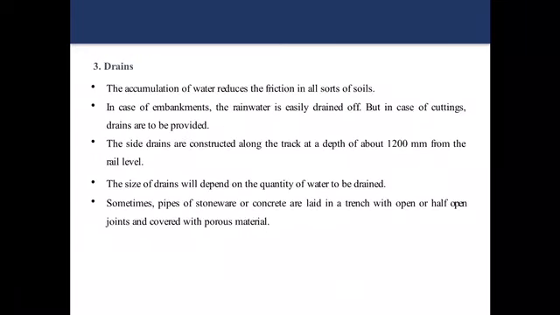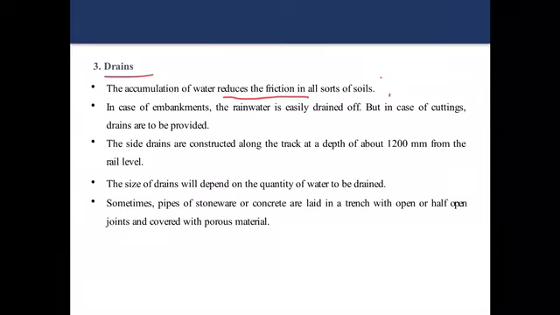Third parameter is the provision for the side drains. So drainage is one of the important parameters in the railway track. Because if the water comes in contact with the formation soil, the soil which is there in the formation or in the subgrade, that will reduce the friction of all sorts of soil. Ultimately that will reduce the strength and the stability of the soil.